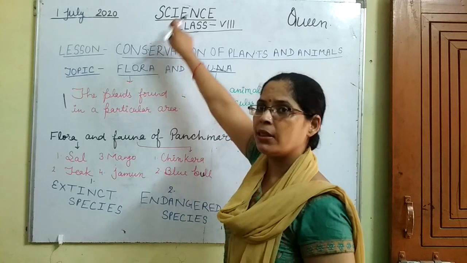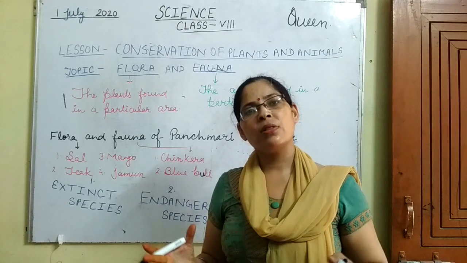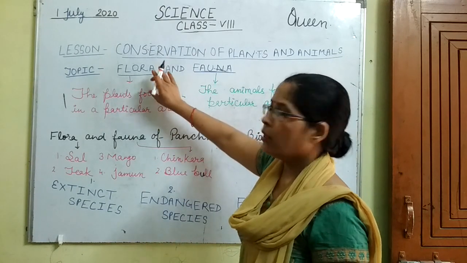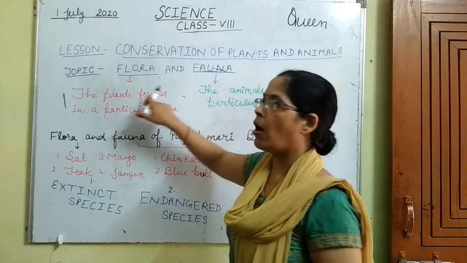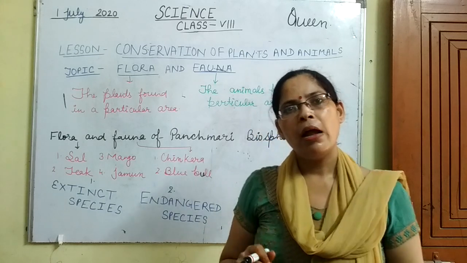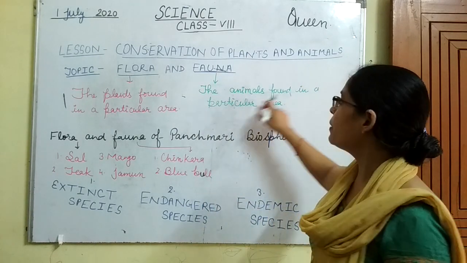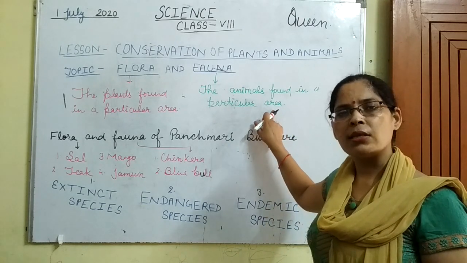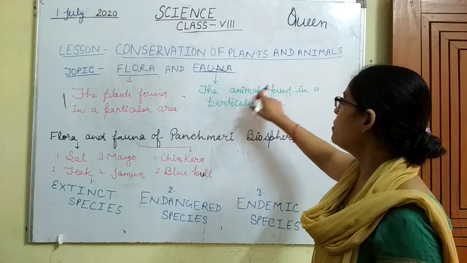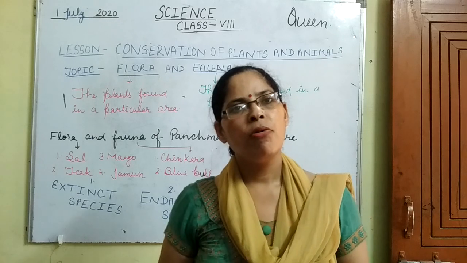Flora connects with the flower, and flowers always arise on trees or plants. So the plants found in a particular area are known as flora, and the animals found in a particular area are known as fauna. I am repeating, students: the animals found in a particular area are known as the fauna.